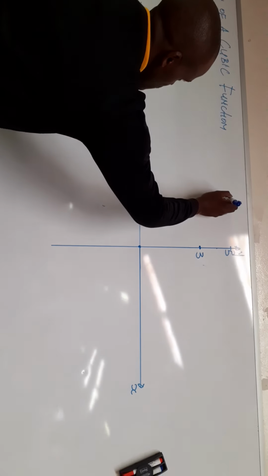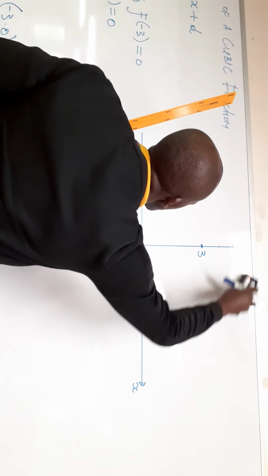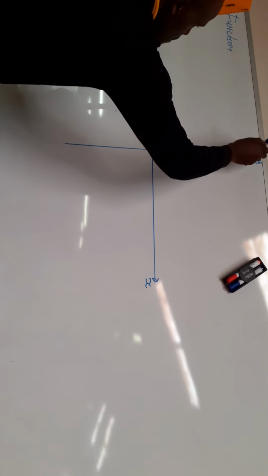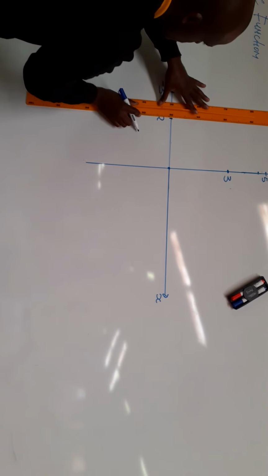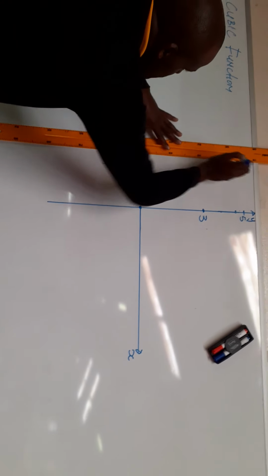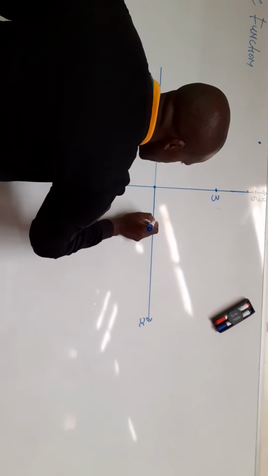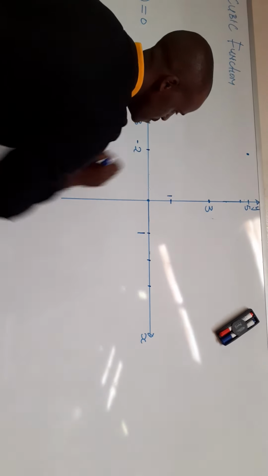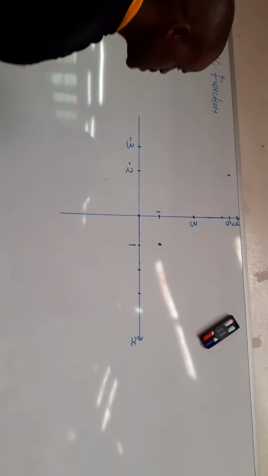Right, 1 is to 1. So the point is here. So those are our points.